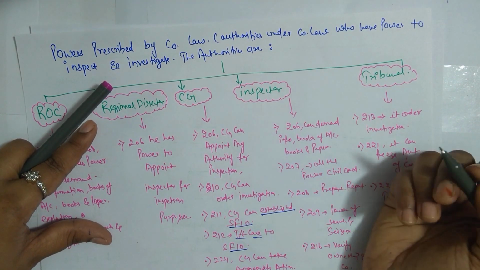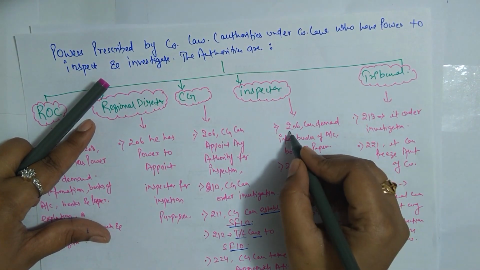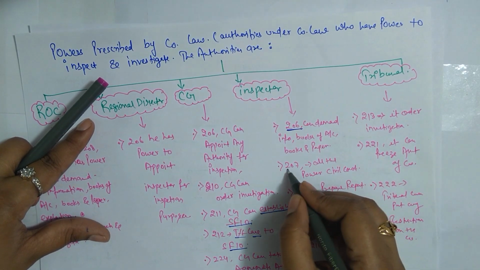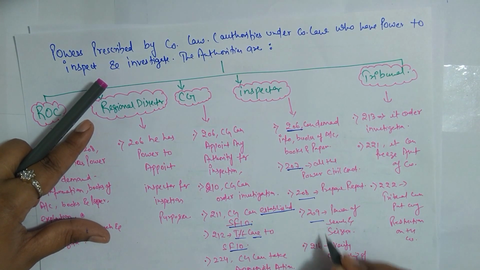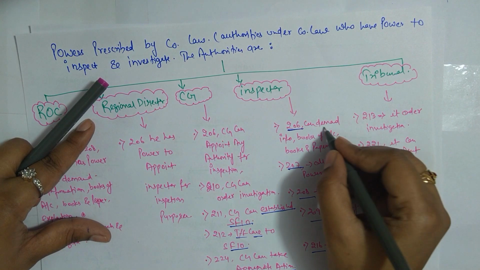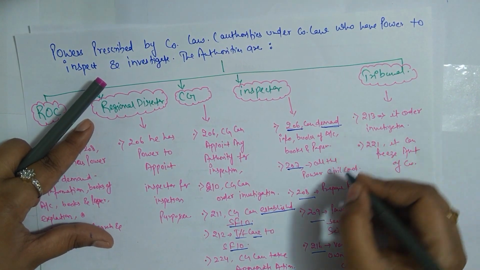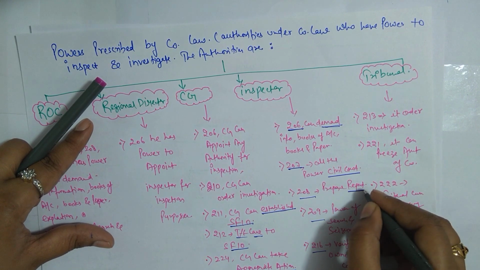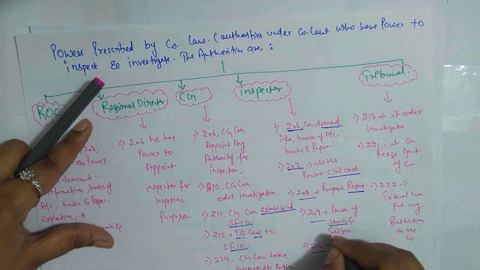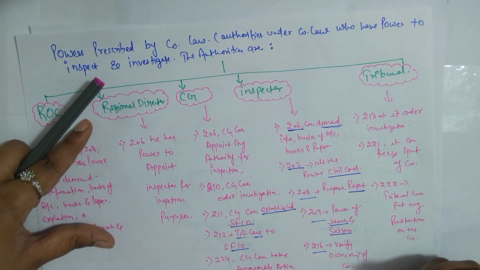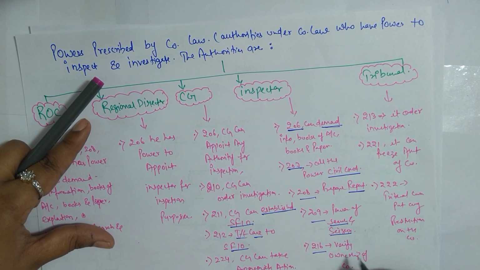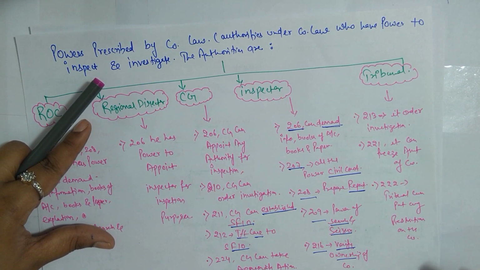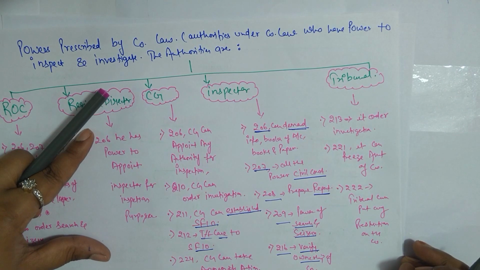Fine. And if I'm talking about inspector, under 206, 207, 8, 9 and 16 he has power to demand any type of books of account, and he has power equivalent to a civil court. He has to prepare the report also, and power of search and seizure means he can seize the books of account whenever needed, and he can verify the ownership and holding of the companies.